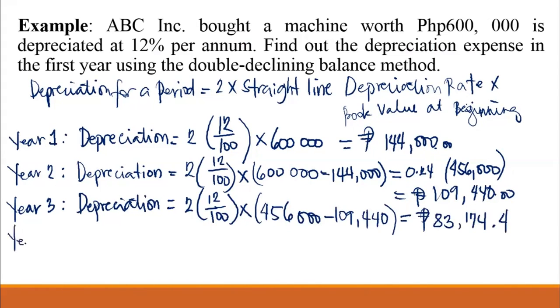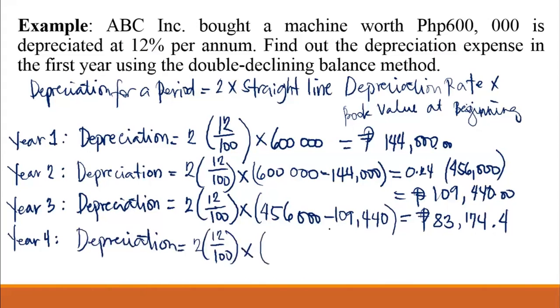Okay? So how about sa year 4? So year 4, ayan. So the depreciation is 2 times 12 over 100 times, ayan. So kunin lang natin ng paulit-ulit. Okay? So we have 346,560 minus 83,174.4.